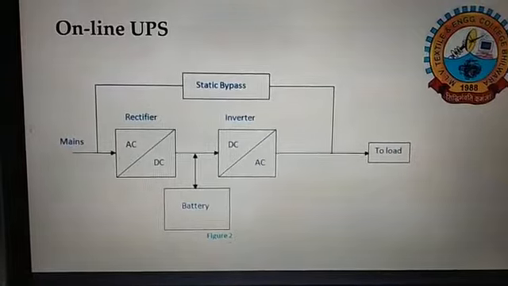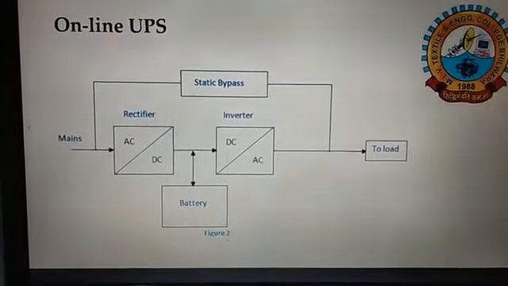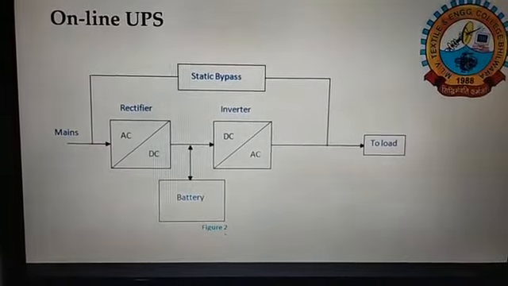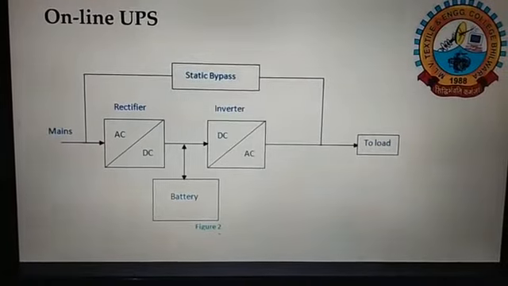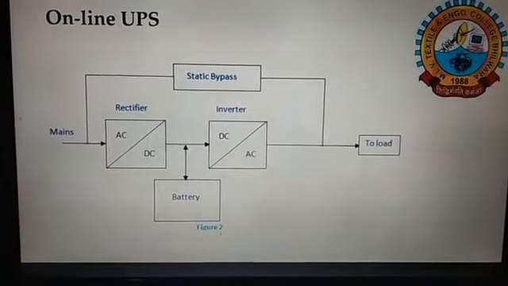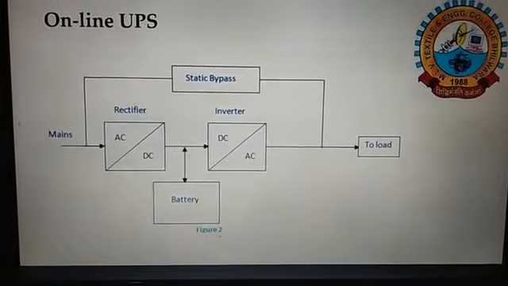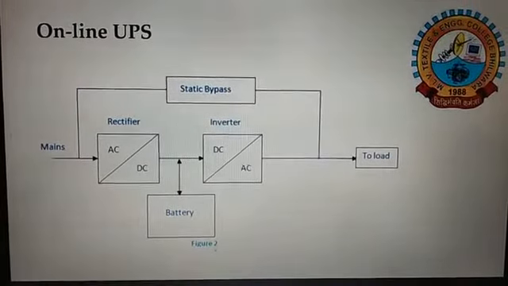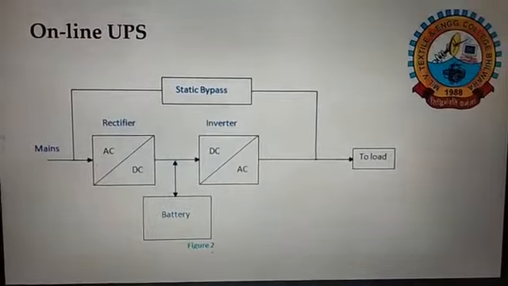It means mains is connected to the load as well as the battery at the same time, hence it is called the online UPS. However, a static bypass path is given for different types of errors.